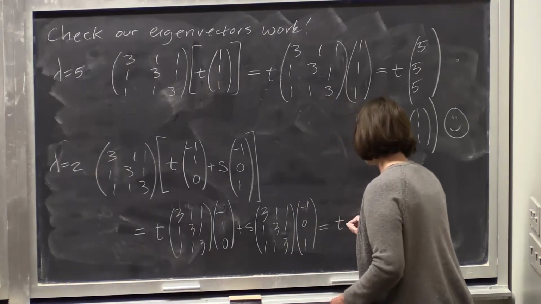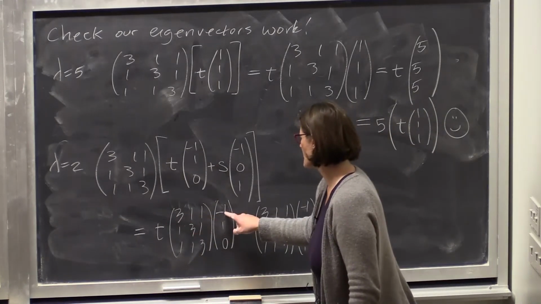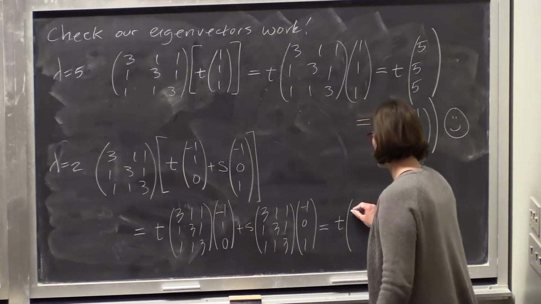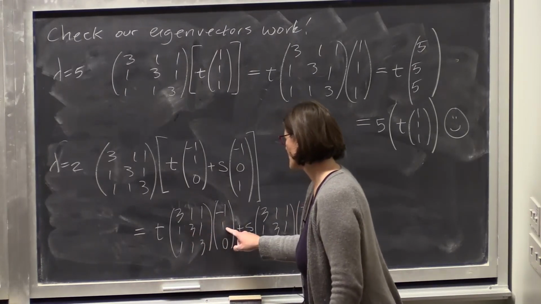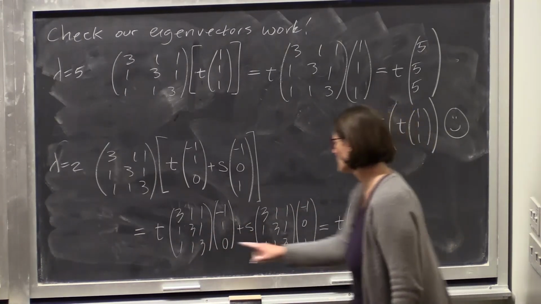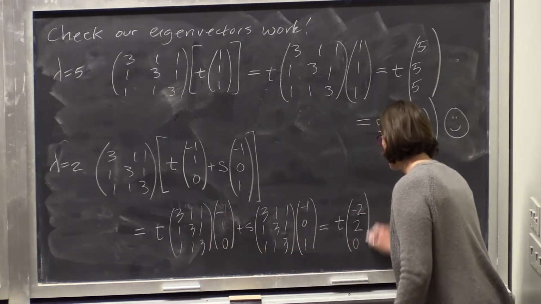This is going to be t times: minus 3 plus 1 is minus 2. Minus 1 plus 3 is 2. Minus 1 plus 1 plus 0 is 0.